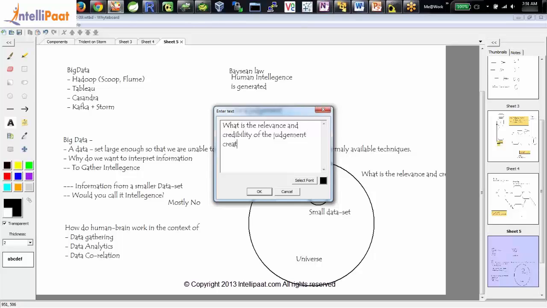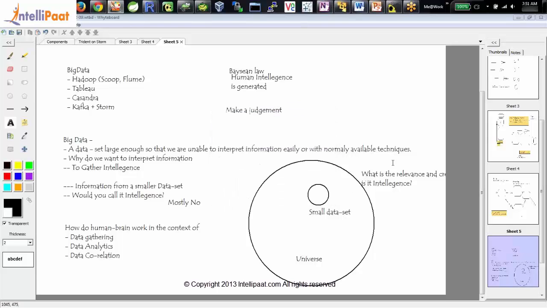What is the rhythm? Okay, so this is one of the questions that we could ask, right?